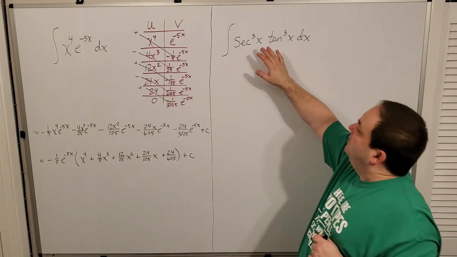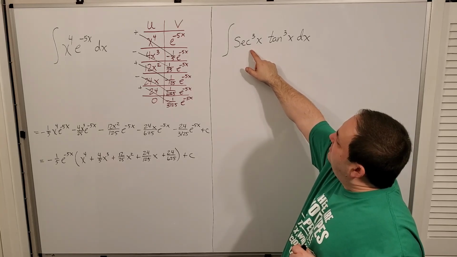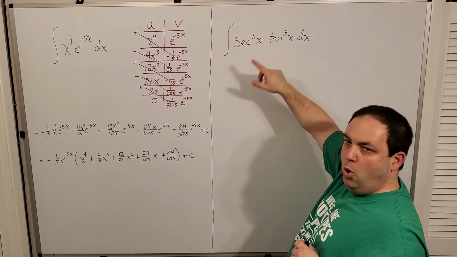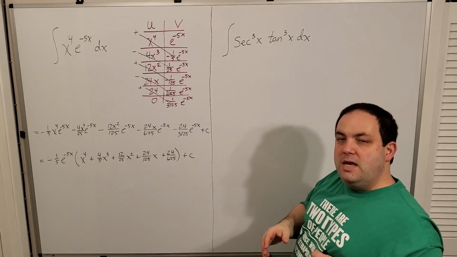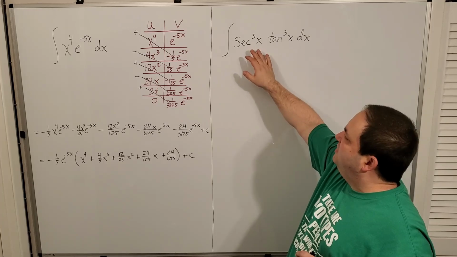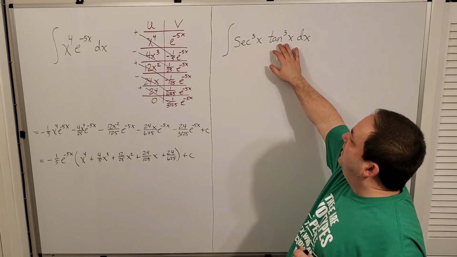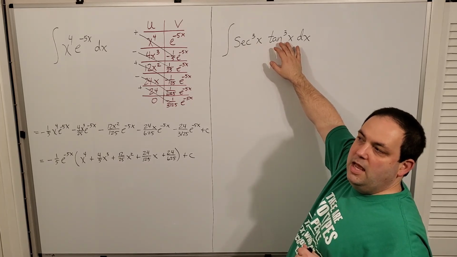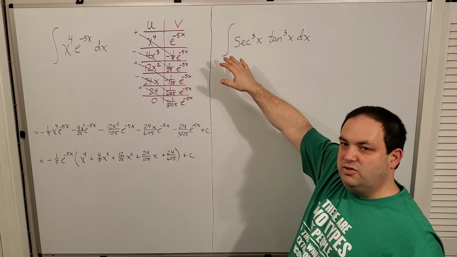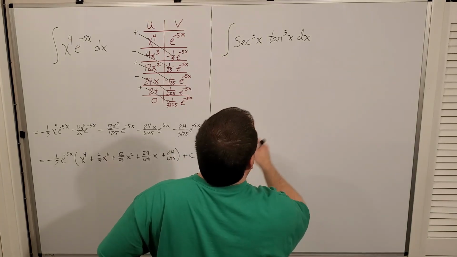Okay, so I'm looking at this and I'm noticing that if I were to separate a secant and a tangent, one of each, that would be a secant x times tangent x, which is the derivative of secant x. What's left over has secant squared and tangent squared, and then I can convert tangent squared into terms of secant. Okay, so let's do that one step at a time here.